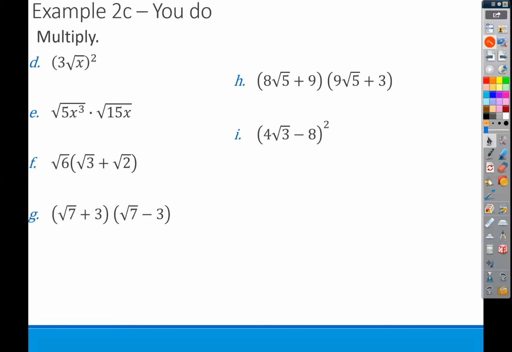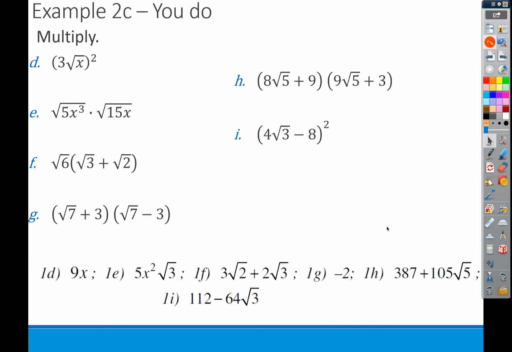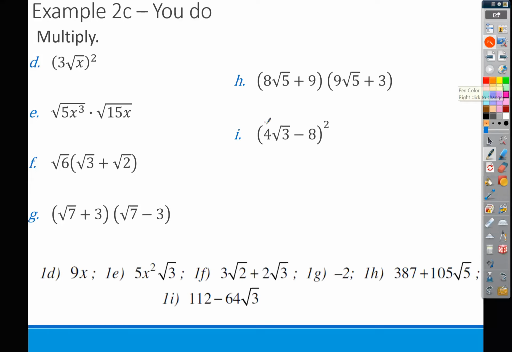Here's some for you to do. And those are your answers. Now I want to show you you can square it, multiply, and double. So let's try this. So let's square this. We get 16 times the square root of 9. Square this, plus 64.